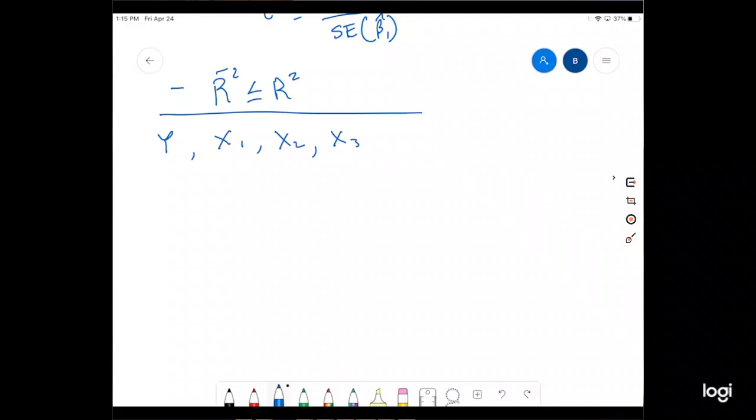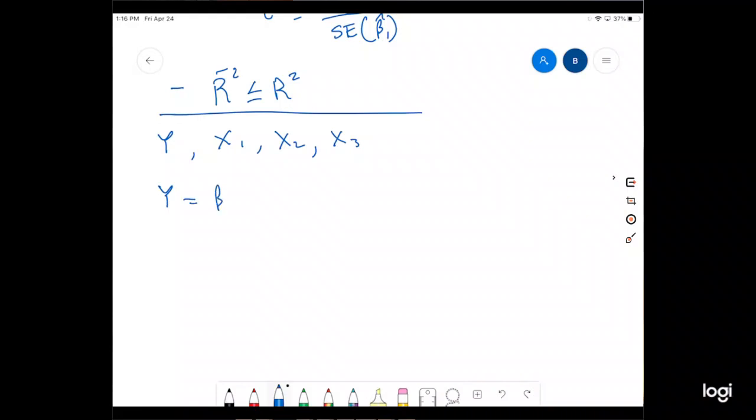But I ask you, write down a multiple variable regression model that tests the relationship between y and x1 controlling for x2 and x3. So the question is, write down a population regression model that tests the relationship between x1 and y controlling for x2 and x3. So how do you do that?